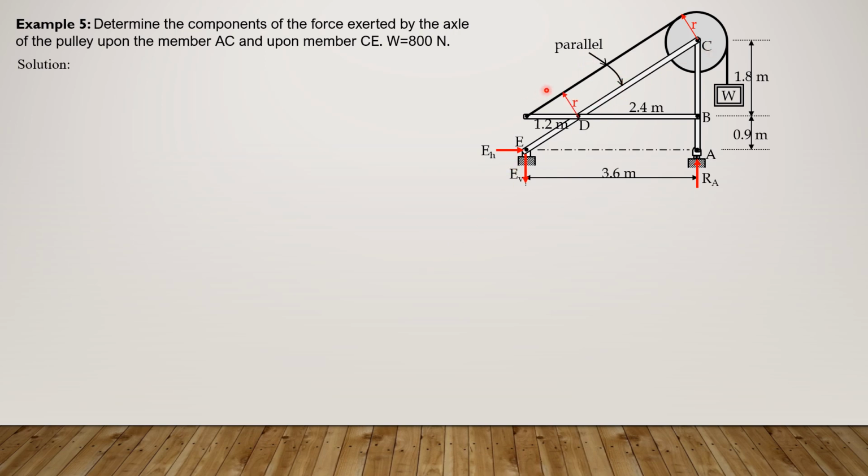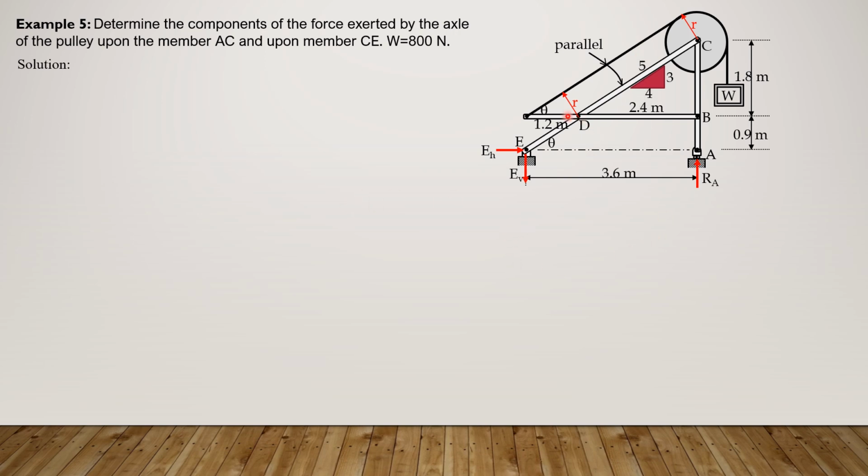So this is also R, and the angle here is theta. So let's call also that angle theta. So the slope of this member CE is 2.7 up vertical, then 3.6 horizontal, which can be reduced to 3 vertical, 4 horizontal, so 5 hypotenuse, like that.